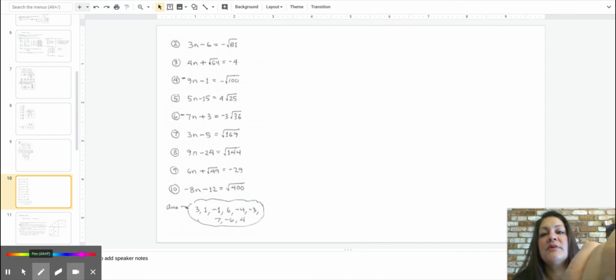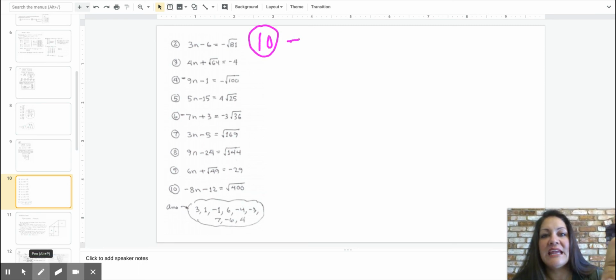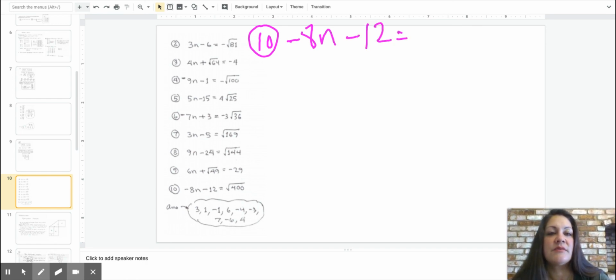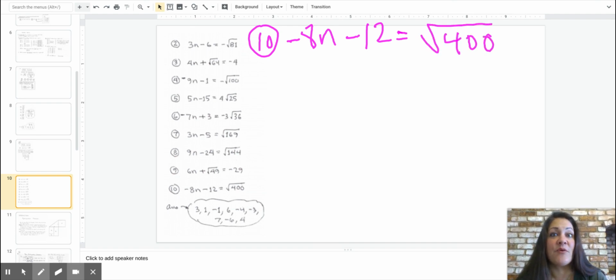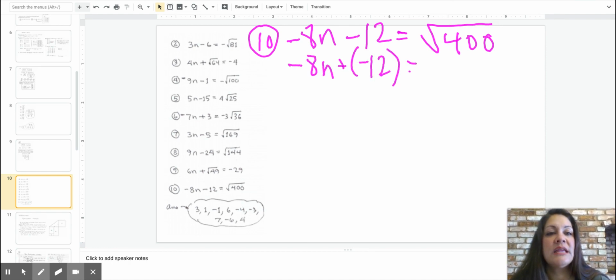Okay, number 10. Negative 8n minus 12 equals square root of 400. And we had 400 earlier in this lesson. I know that that is 20. Okay, so negative 8n plus a negative 12 equals 20.